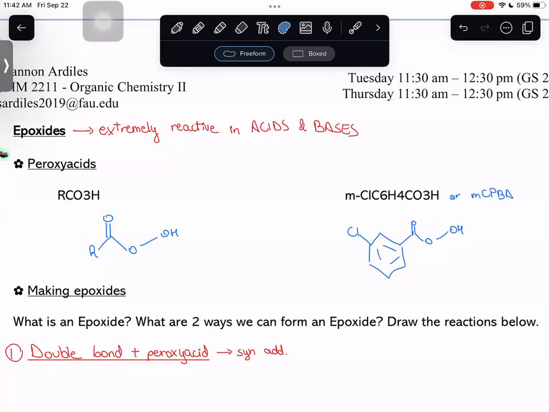Is that going to have a lot of ring strain? Epoxides specifically. What do we think? One more time. Do epoxides have a lot of ring strain? Yes.